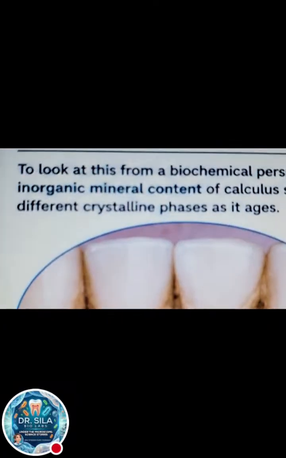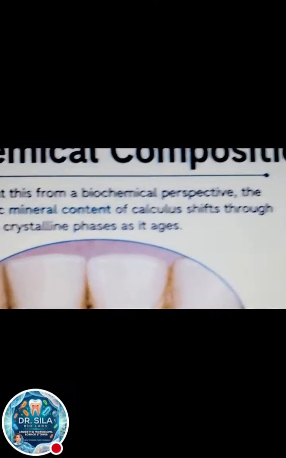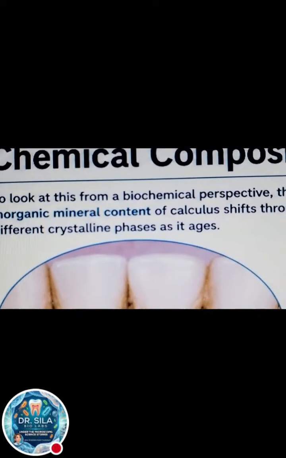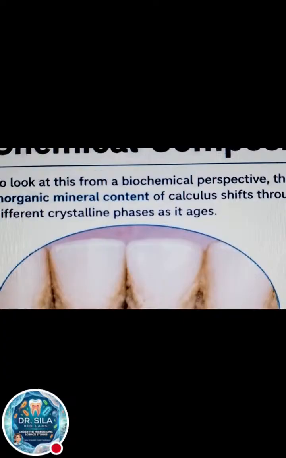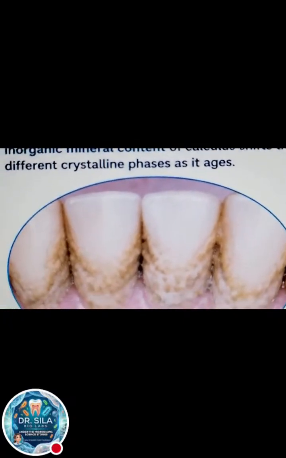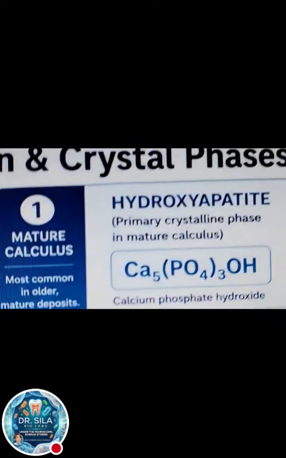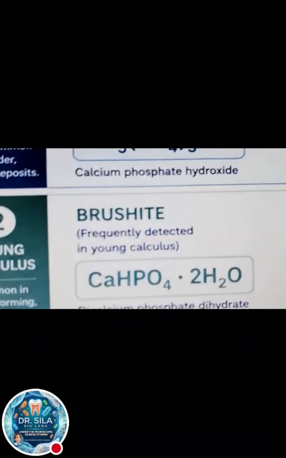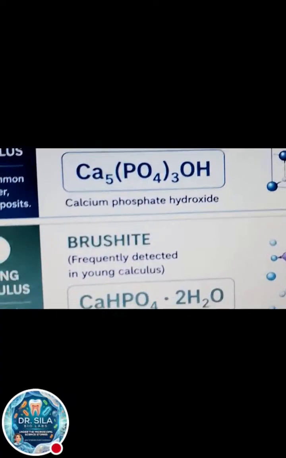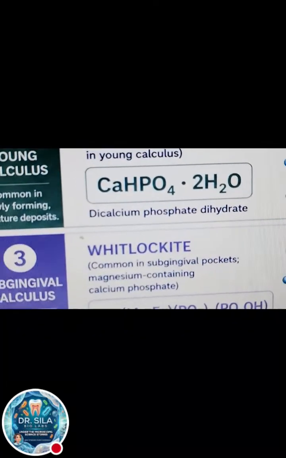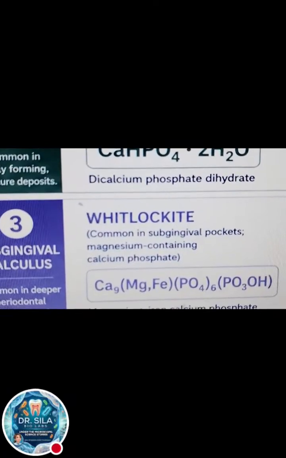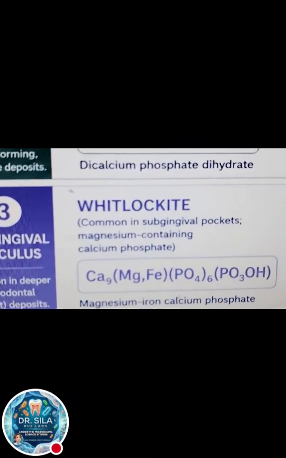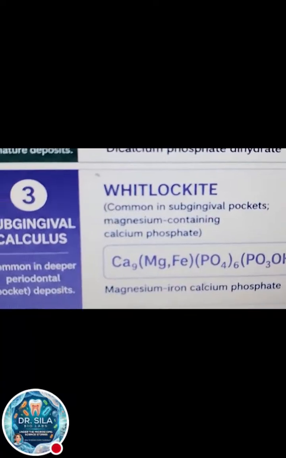From a biochemical perspective, the inorganic mineral content of calculus shifts through different crystalline phases as it ages: mature calculus, hydroxyapatite; young calculus, brushite; and subgingival calculus is called whitlockite, common in subgingival pockets, a magnesium-containing calcium phosphate.